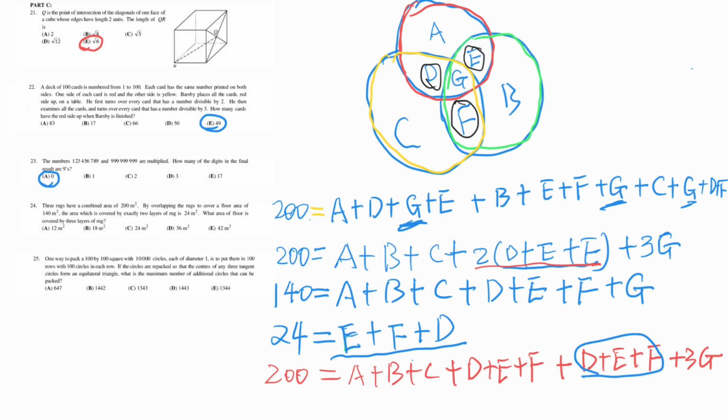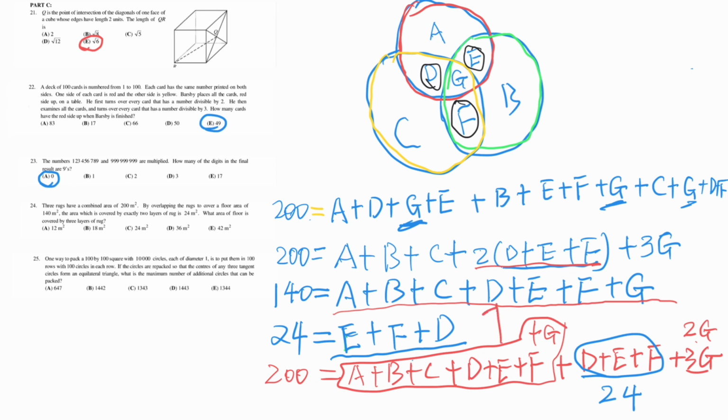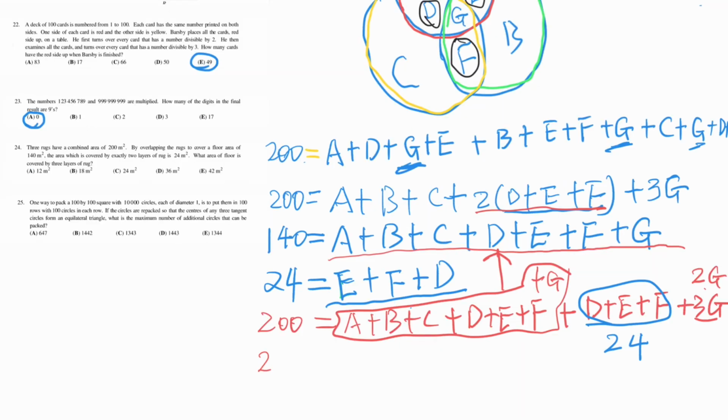So this one, substitute with the 24. And also, A plus B plus C plus D plus E plus F plus G equals 140. So this 3G, we break to 2G and 1G.